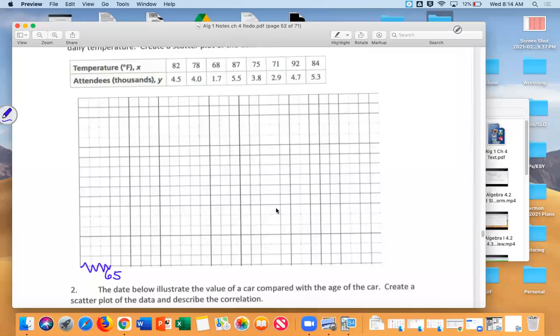And now we have to figure out, my highest one is 92, agreed? Yeah. So we probably want to go to like 95, so I'm going to put 95 right here. Now I have 27 blocks.